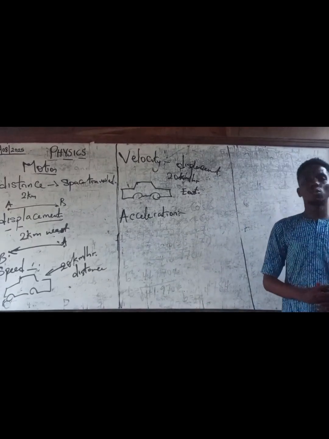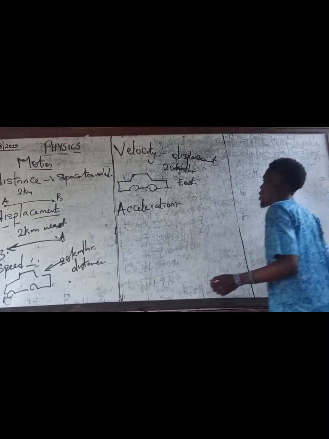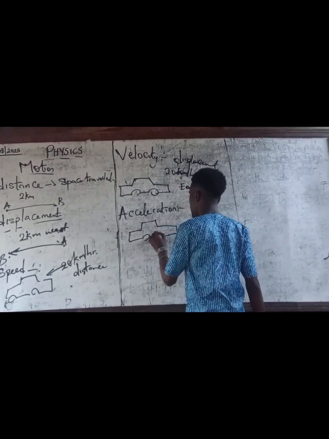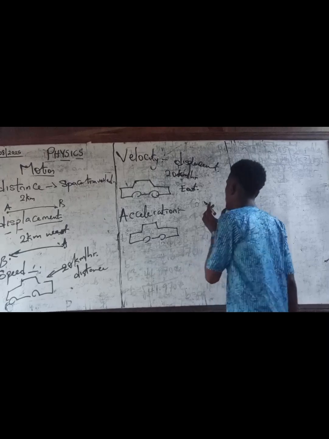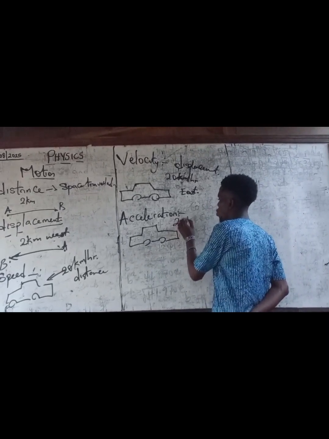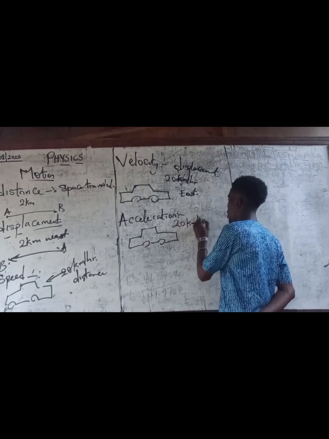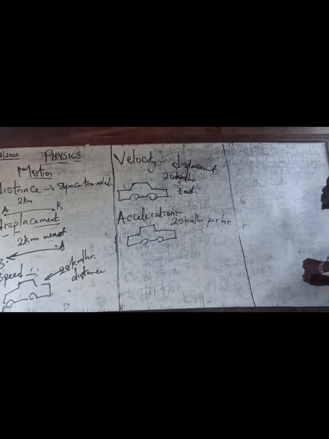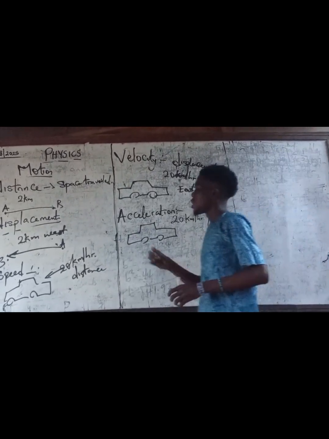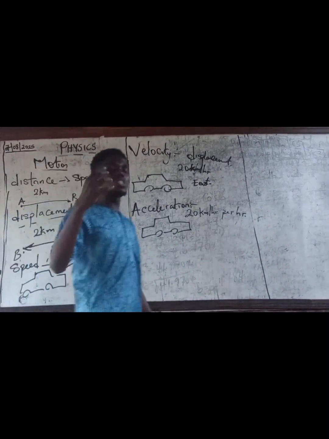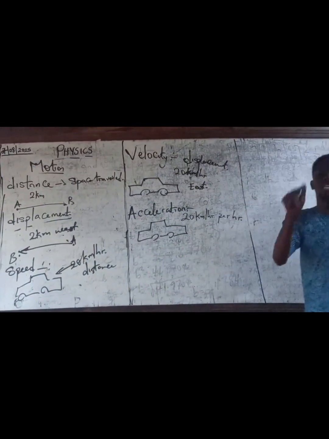So if I were to tell you that a car has an acceleration of 20 kilometers per hour per hour, remember we said acceleration is the change in velocity per unit time.